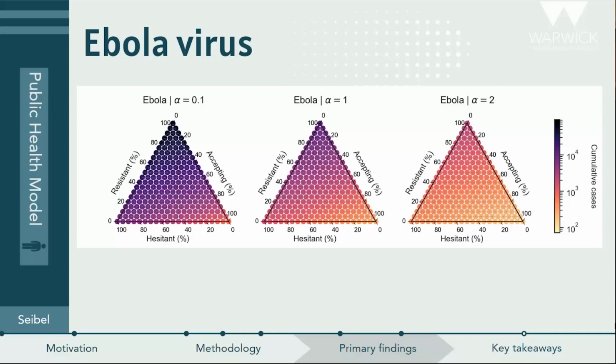And remember, this top vertex is our most resistant configuration, so it makes sense that we have the most cases in that configuration versus the bottom right, which is the most accepting of the vaccine.